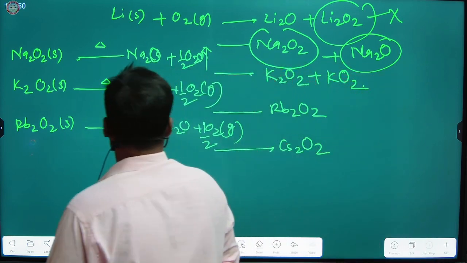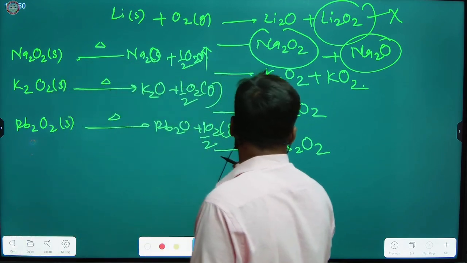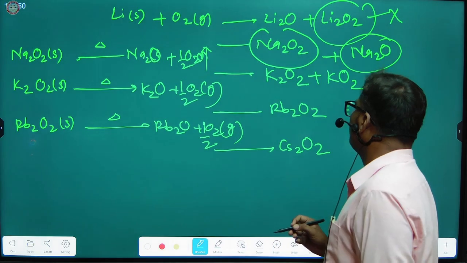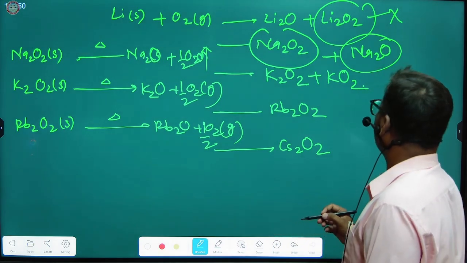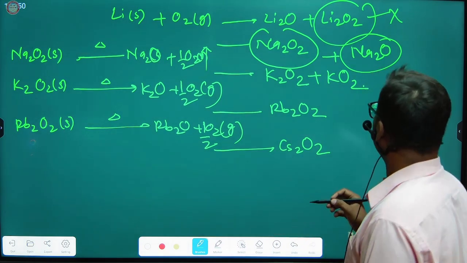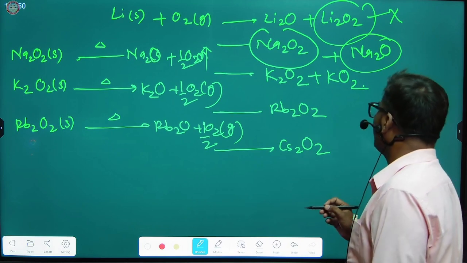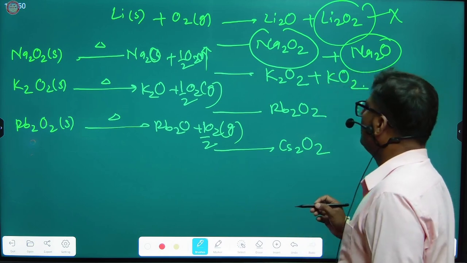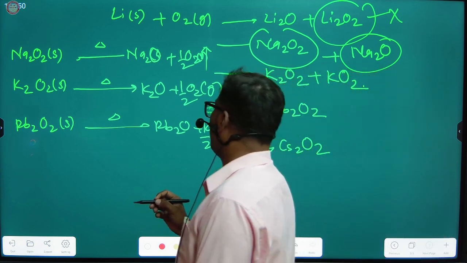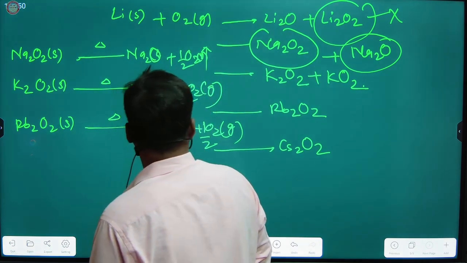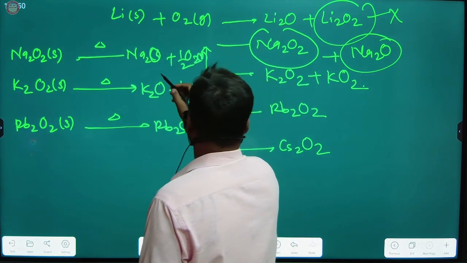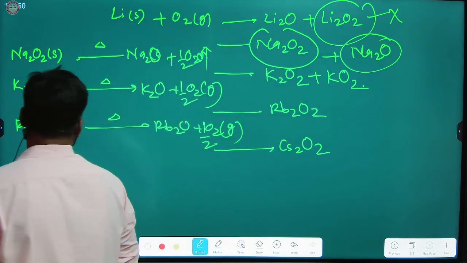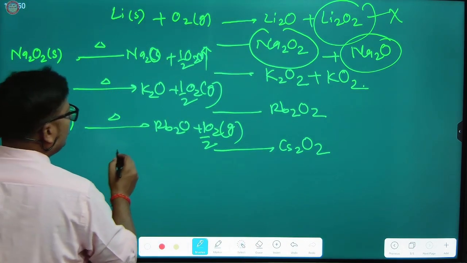Lithium does not form lithium peroxide, so there is no question of decomposition of lithium peroxide. So from lithium onwards, sodium peroxide, once it is heated, forms sodium monoxide, potassium monoxide, and rubidium monoxide.